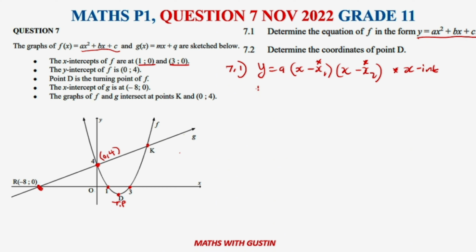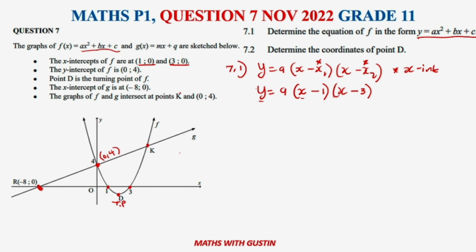All right, let's go ahead. We still don't know a, but because this is a smiling graph, a is positive. So we get a(x minus 1)(x minus 3). These are our intercepts. Now we just need to pick any point on the parabola.